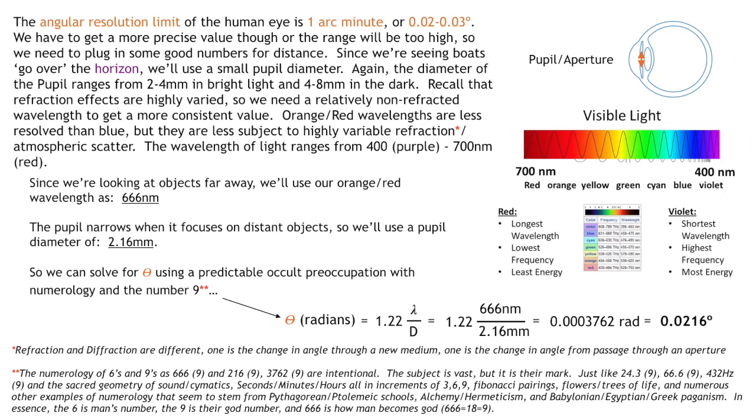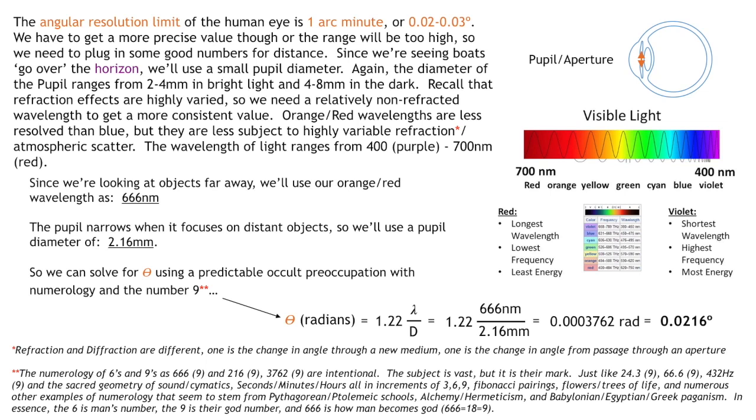So again, I chose these numbers on purpose. The numerologies of 6s and 9s, as 666, which adds up to 9, and 216, which also adds up to 9, and 3762, which also adds up to 9, are on purpose, very intentional. The subject is vast, but it is their mark. Just like 24.3 degrees is 9, 66.6 degrees is 9, 432 hertz is 9, the sacred geometry of sound and cymatics. The seconds, minutes, and hours all are increments of 3, 6, and 9.